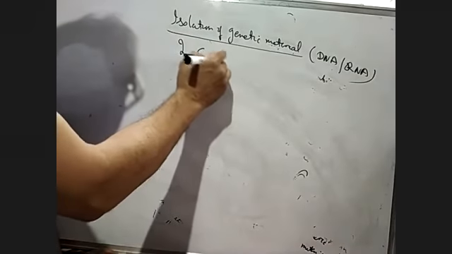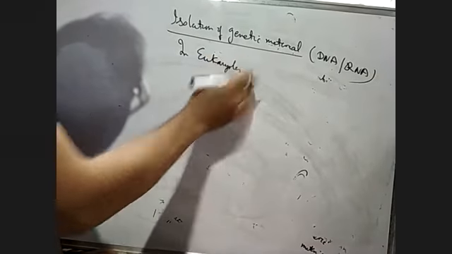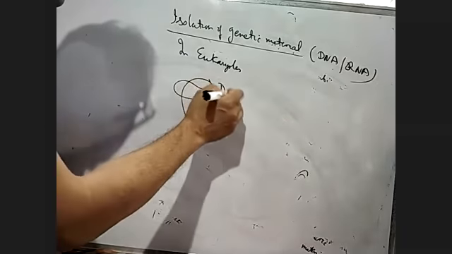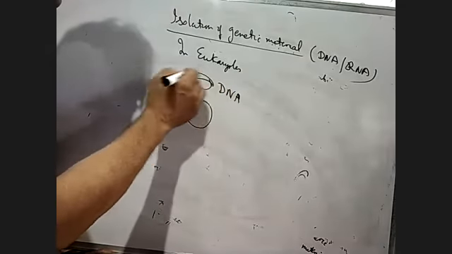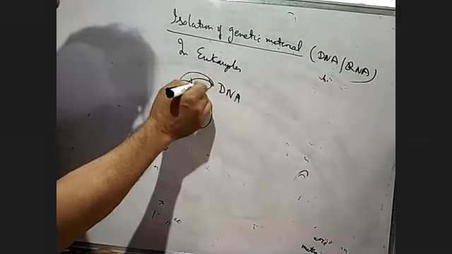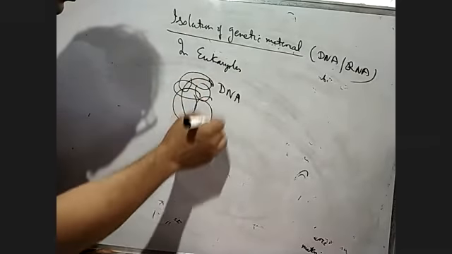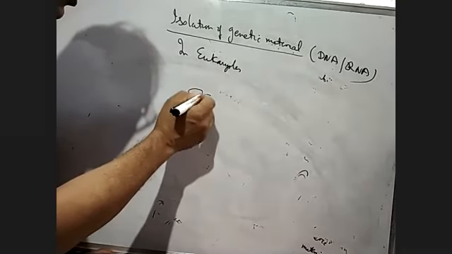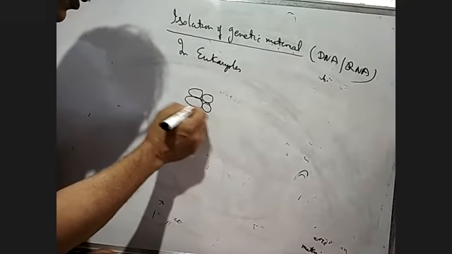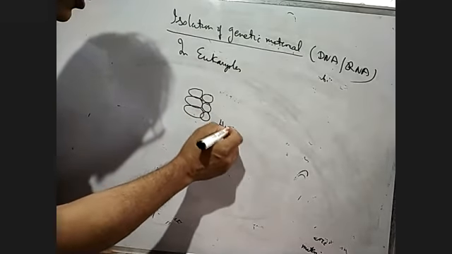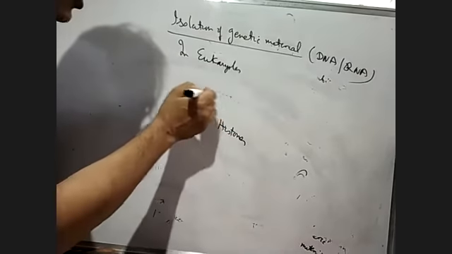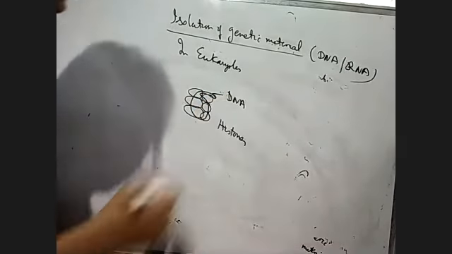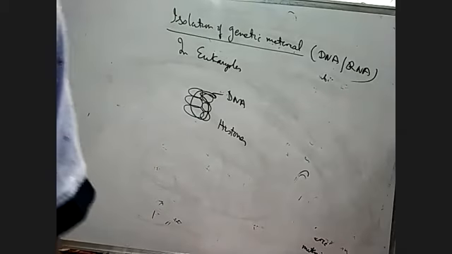In eukaryotes, this will be our DNA, intermingled with a protein molecule called histones. Histone is there and DNA is there.